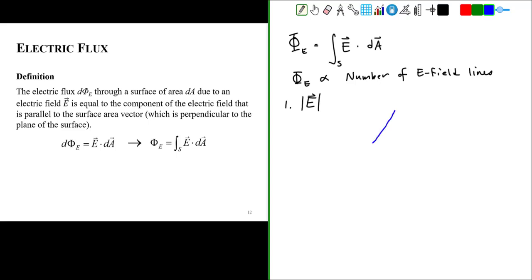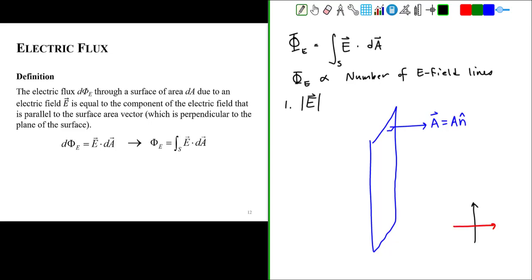To evaluate that, let's draw a two-dimensional surface defined by this area vector being equal to the product of an area and a vector normal to the surface. For perspective, our coordinate system is a three-dimensional rectangular coordinate system.